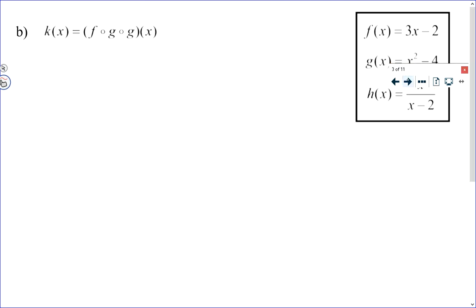Let's take a look at B. We're dealing with the same functions, but now we want f of g of x. What does that mean? There are a couple of ways we can visualize what it means.